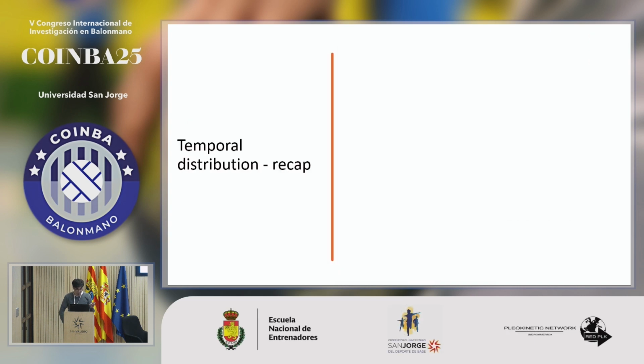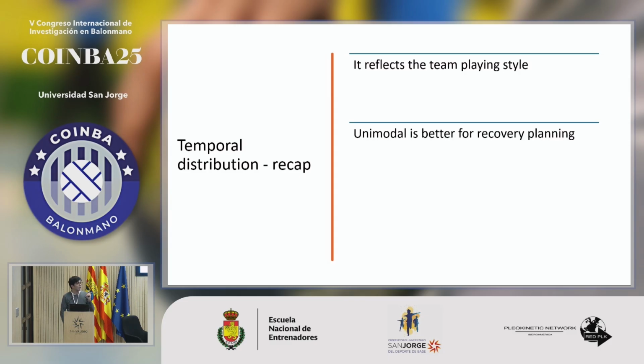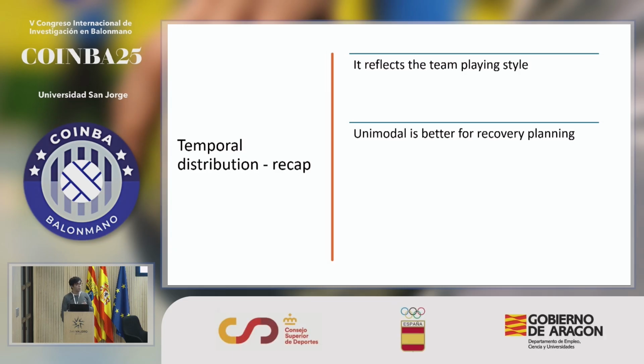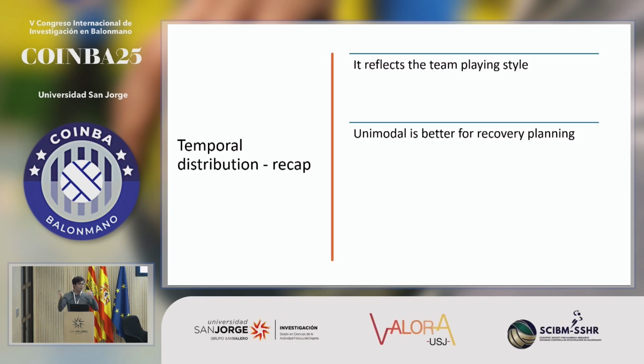So to recap, we believe that this reflects how the team plays and how the coaches manage their players. We believe that unimodal is better for recovery planning. Why? Because if I am in a dense competition like the World Cup, Euros, or Olympic Games, I do not want my players to have very different loads from one another, and I need to have a recovery plan for just this player, just that one player.